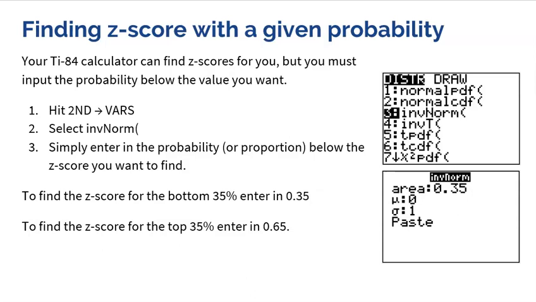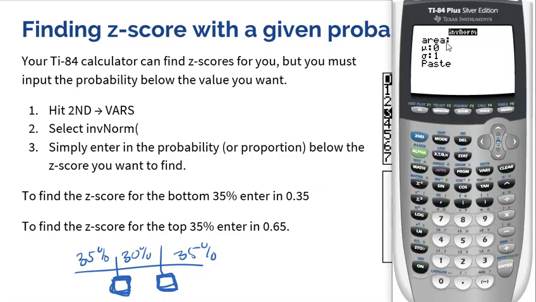So let's think about what I'm trying to find. Go back to what I already discussed. I'm looking for the middle 30%, which puts 35% below and 35% above. What I want is this z-score at the bottom of the 30% and this z-score at the top of the 30%. To do that, I have to understand how the calculator works. Remember, the calculator only wants the area below.